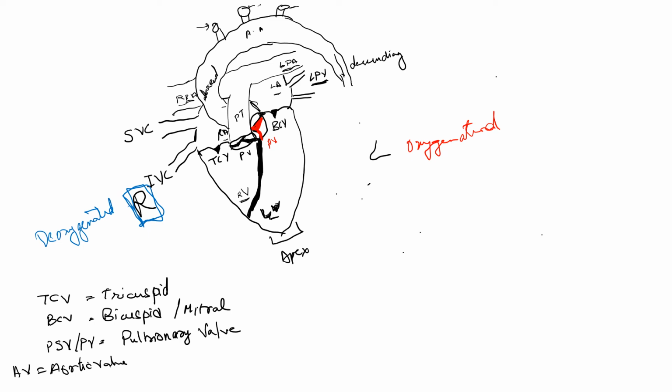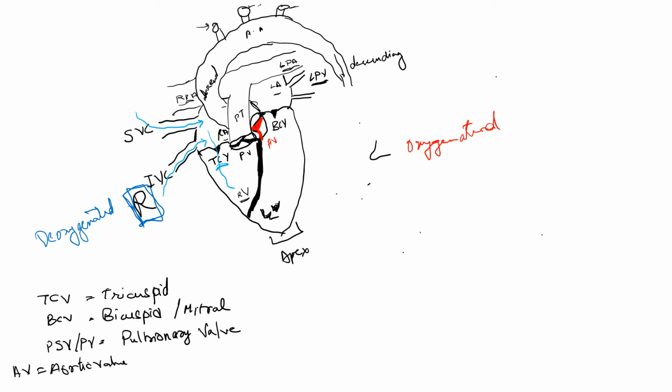Starting at the superior and inferior vena cava, we have deoxygenated blood being drained from the upper extremity through the superior vena cava, and from the lower extremity, blood enters the heart through the inferior vena cava. When the right atrium fills up, the atria contracts and the tricuspid valve opens up.